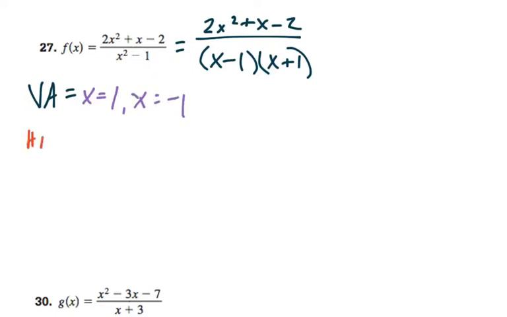For horizontal asymptotes, when the degrees are equal, we can either use long division, or it's actually the ratio of the leading coefficients. So 2 over 1 means that my horizontal asymptote is 2. And then we have the y-intercept, and again, that comes from plugging in a 0.